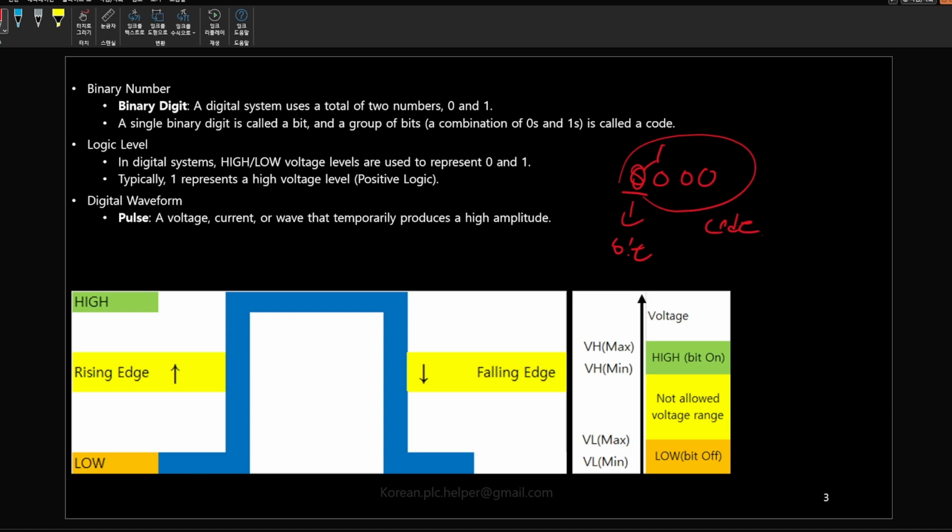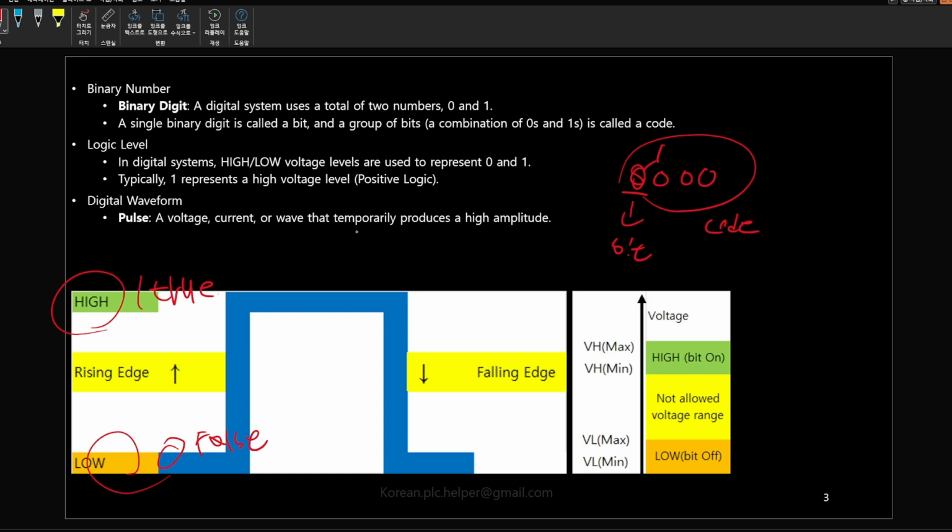Next is the logic level, where in a digital system, voltage levels called high and low are used to represent 0 and 1, or false and true.